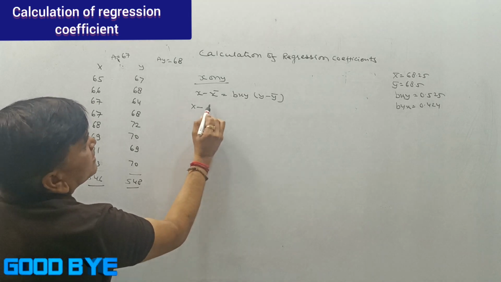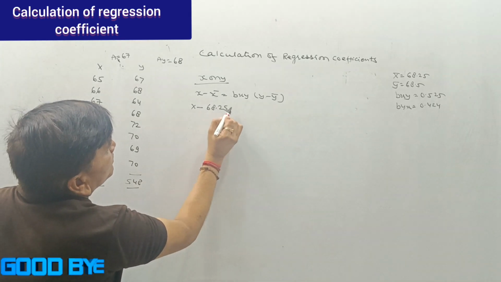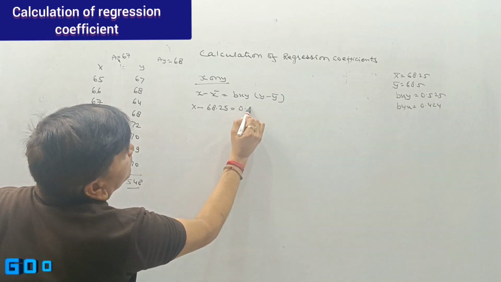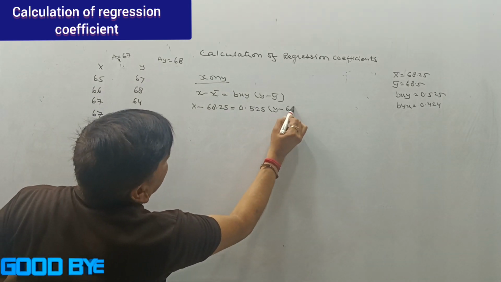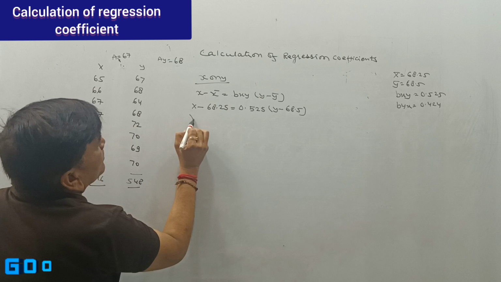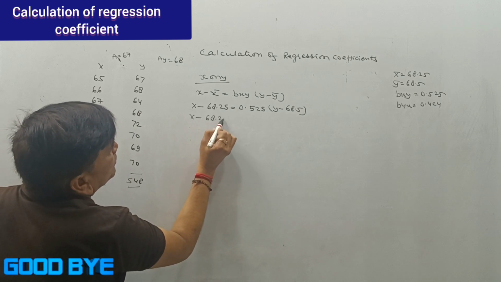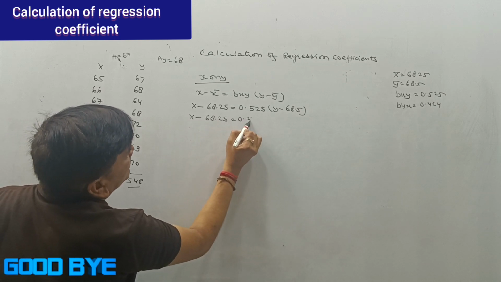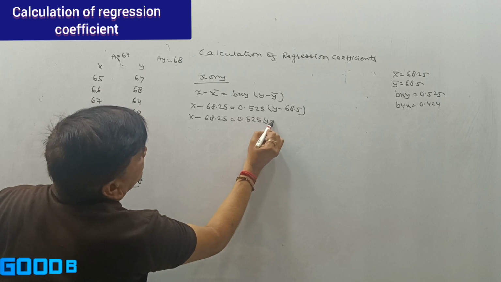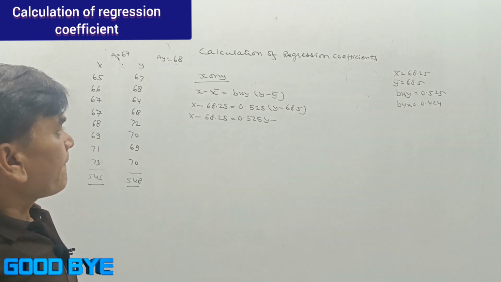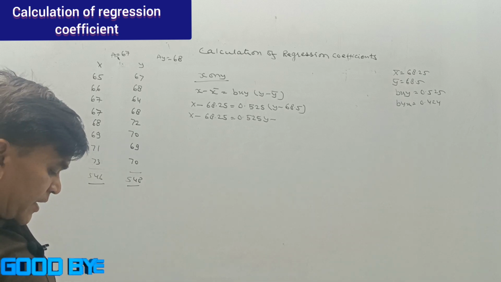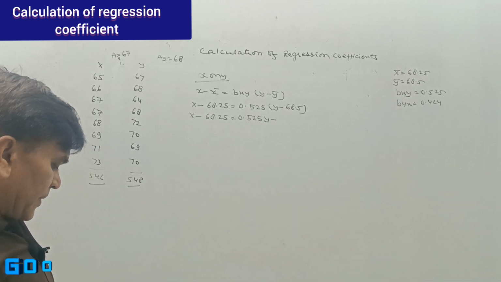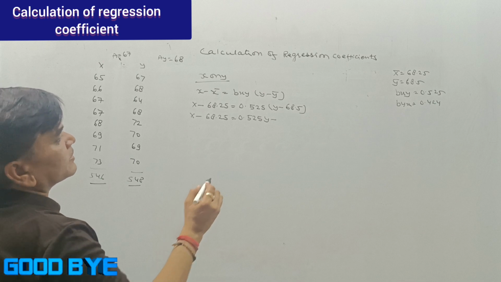So x minus 68.25 equals 0.525 times y minus 68.5, which gives 35.96.